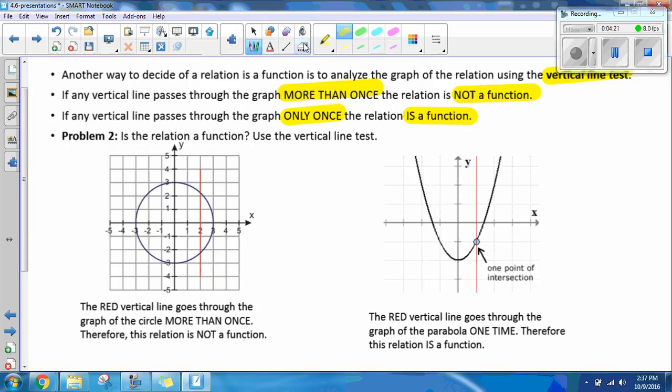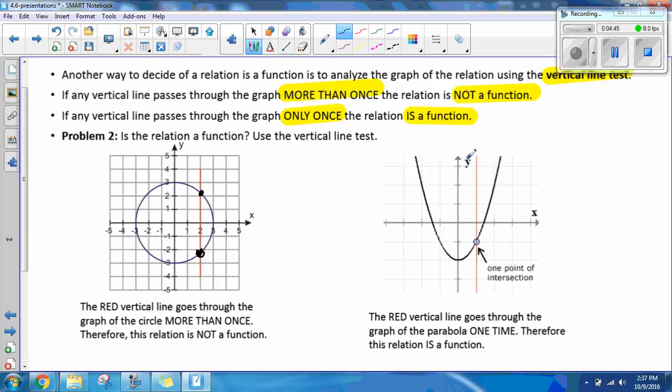So it goes through this point here and at this point. So since it goes through more than one point, it is not a function, which means that the domain value of 2 relates to +2 and it also relates to -2.